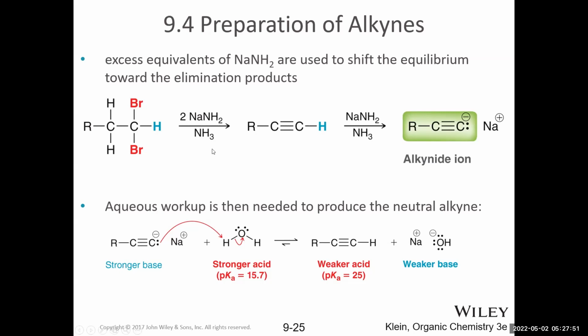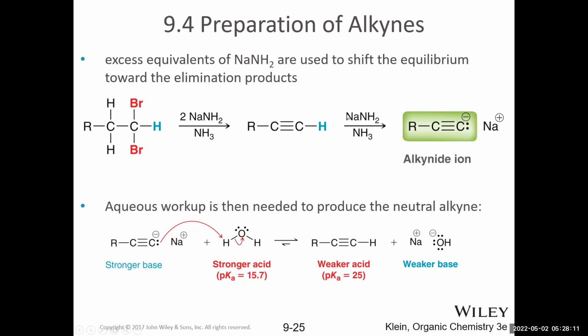We have this solution of at least 3 equivalents of sodium amide in ammonia. What do those 3 equivalents do? Well, the first 2 do a normal E2 reaction twice to get the 2 pi bonds to form the alkyne.